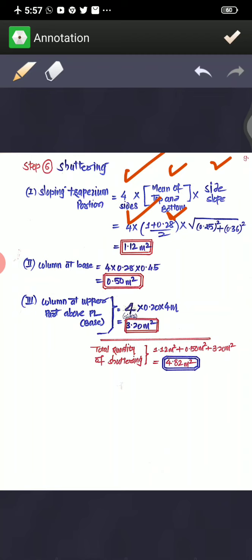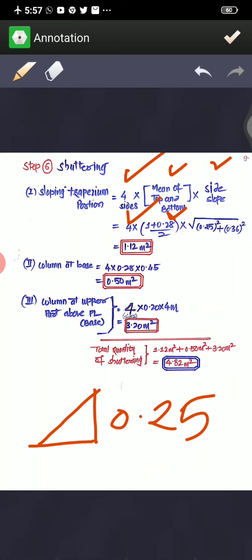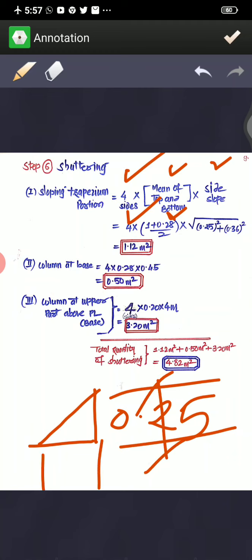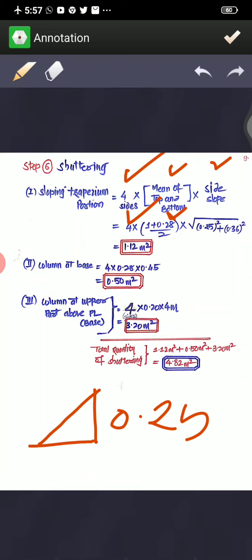I will be showing you that portion here. This dimension is 0.25, and this dimension will be 0.36. I'll be showing you how that 0.36 comes in the main figure.